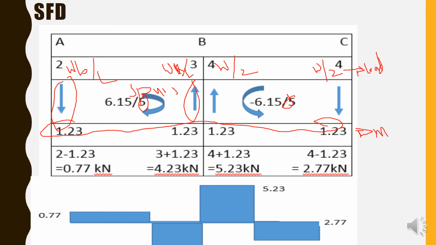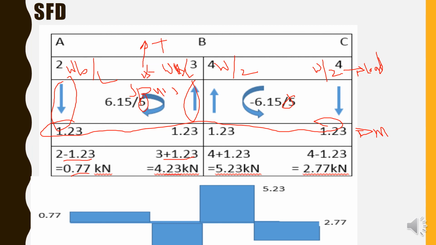The convention for the forces is that all upward forces are positive and all downward forces are negative. Here, since it is downward, 2 minus 1.23, whereas this is upward, so 3 plus 1.23. So the values come out as 0.77 and 4.23.